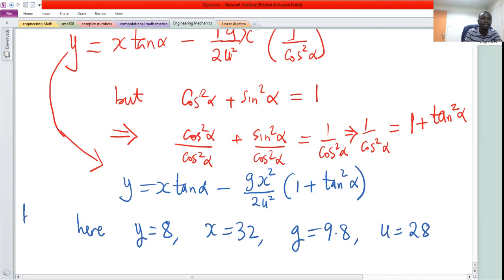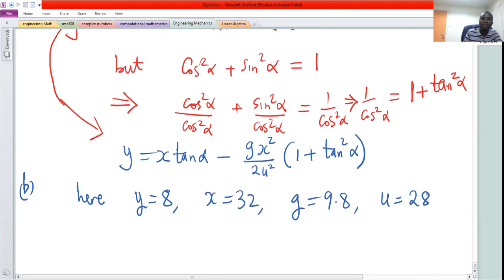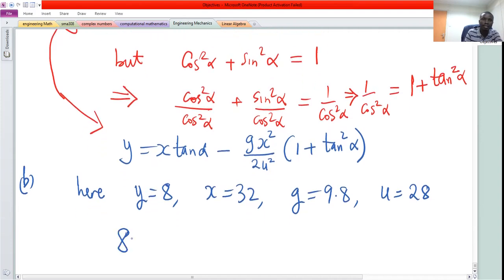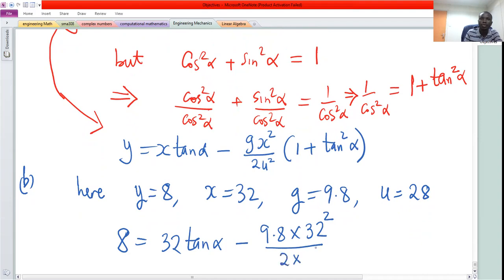So this is part B. So replacing these values in the equation, we'll have 8 equals to 32 tan of alpha minus g is 9.8 times 32 squared divided by 2 u is 28 squared into 1 plus tan squared alpha.